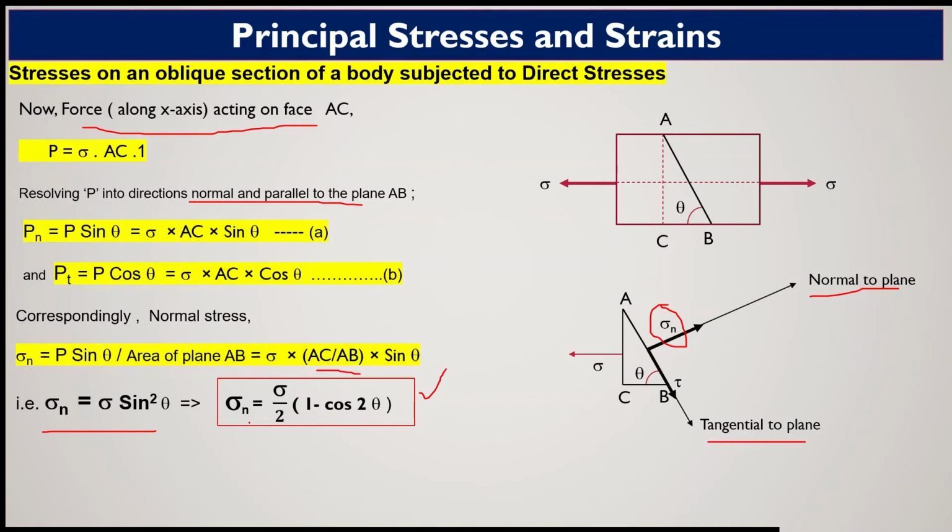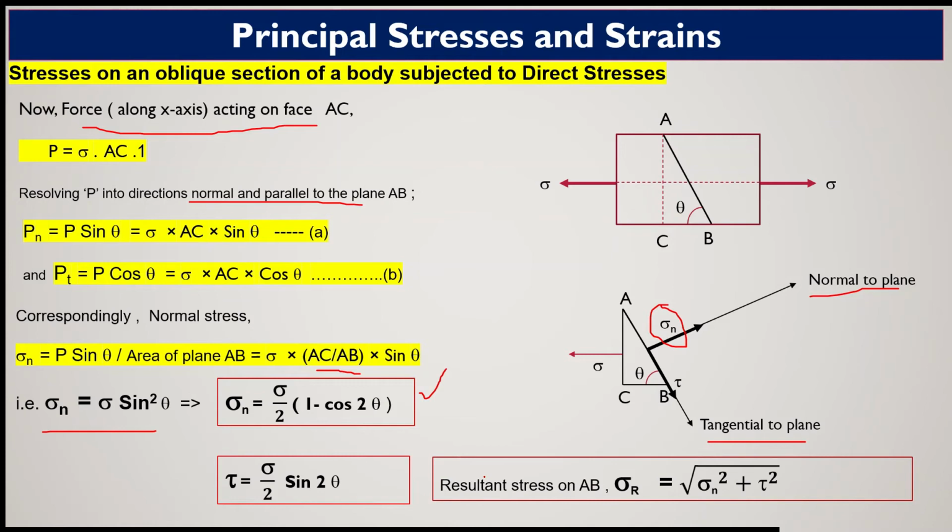Similarly, in the tangential direction, the tangential stress is given by sigma by 2 sin 2 theta. Ultimately we can find the resultant stress: sigma r is the square root of sigma n square plus tau square.